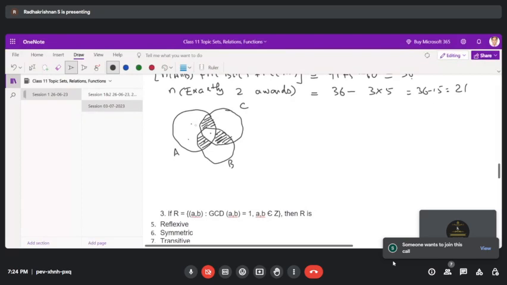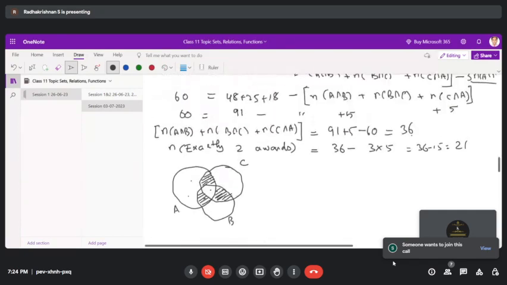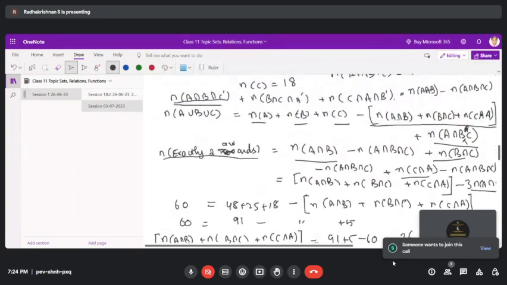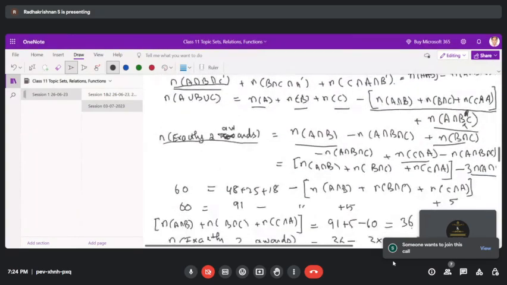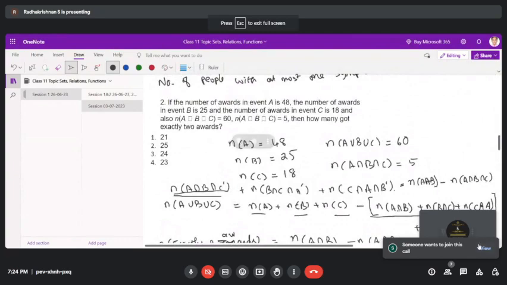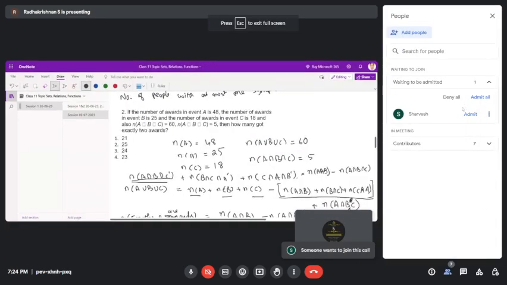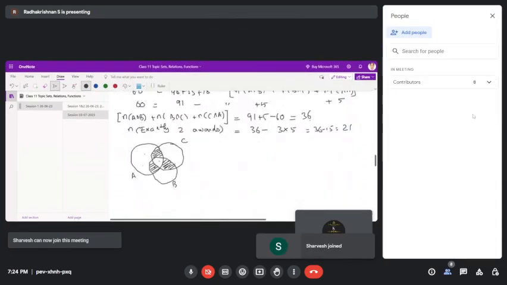Similarly, this is A intersection C minus A intersection B intersection C. Likewise B intersection C minus A intersection B intersection C. So we have determined each one of them. Here, n of A is given. n of A is 48, B is 25, C is 18.